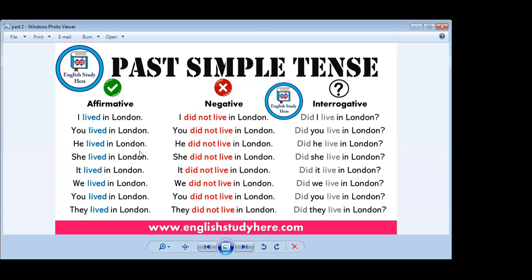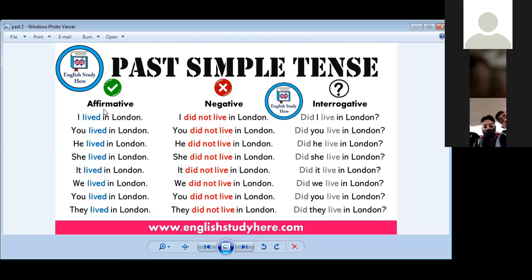Now, look here, look at the subject. Can you notice? I, you, he, she, it, we, you, they. Also here, the same thing. So can you notice that there is no difference in using the affirmative or the negative form?